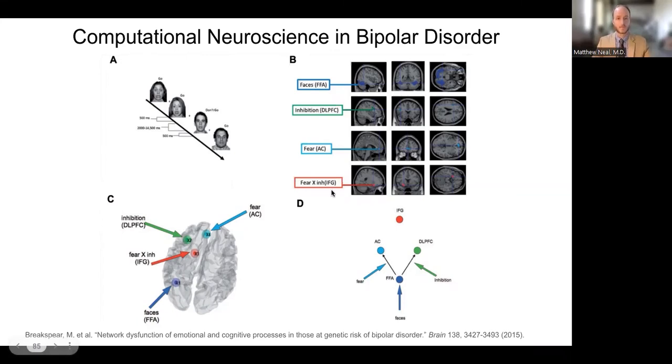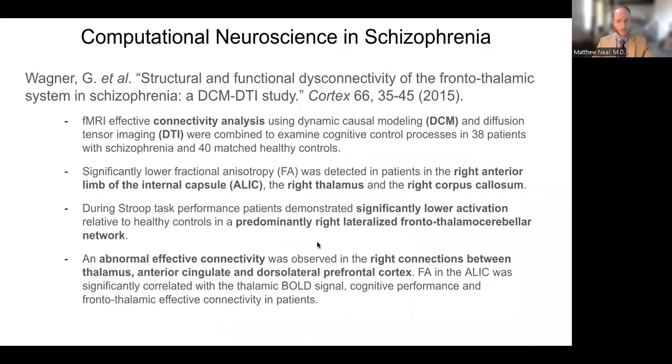We've seen computational neuroscience used in schizophrenia. So they showed Wagner et al., functional and structural disconnectivity in the fronto-thalamic system in schizophrenia. And this was a really interesting finding from their study. They found this disconnectivity seemed to be a right lateralized process in schizophrenic patients, which is pretty interesting.